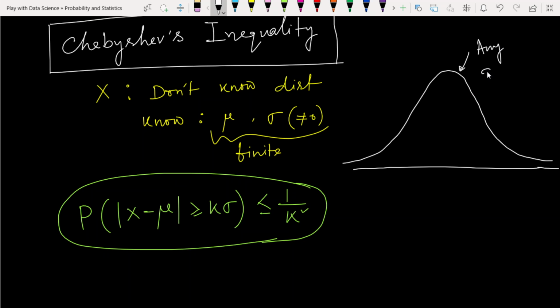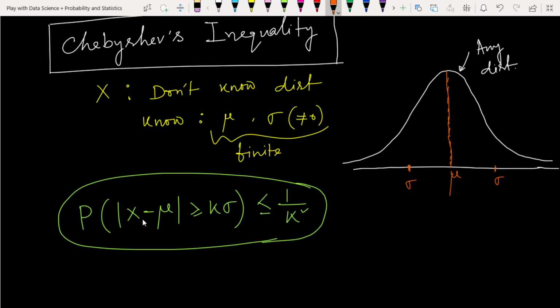That's the thing we have to remember. The first thing we know is the mean mu. Suppose we take the first standard deviation sigma.